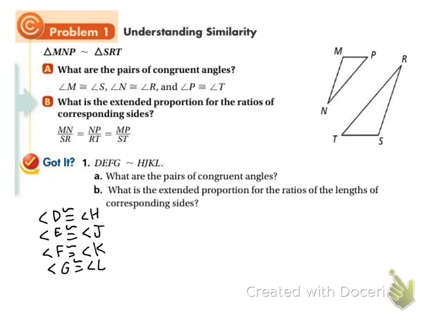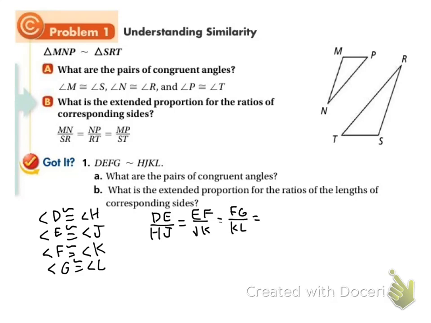And then we need to set up our extended proportion with the sides. So I'm going to take the first two letters, DE, and they go over the other first two letters, HJ. And that's equal to, and now I'm going to use the middle two letters, so EF over JK. And then the last two letters, FG over KL.